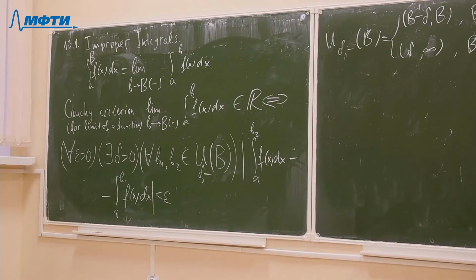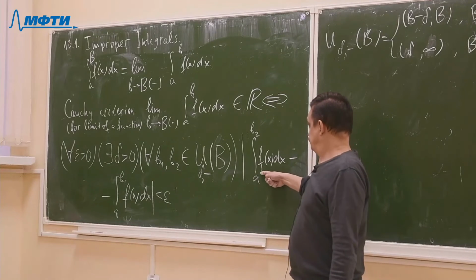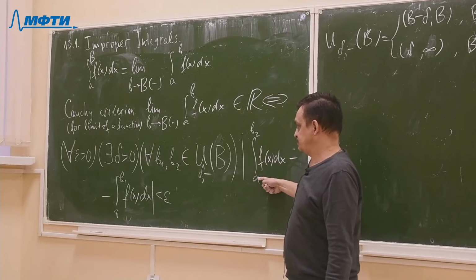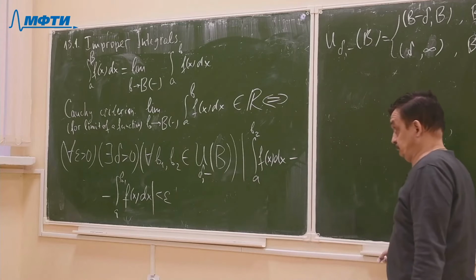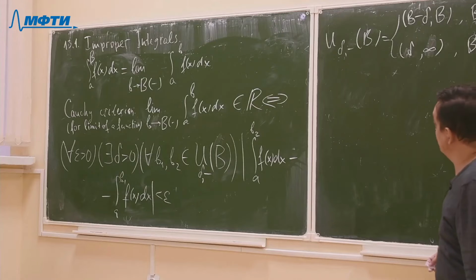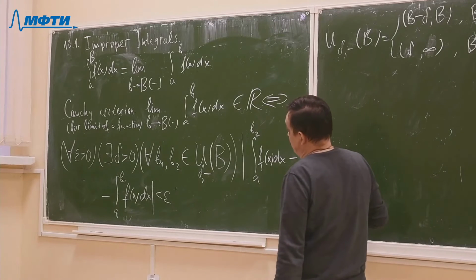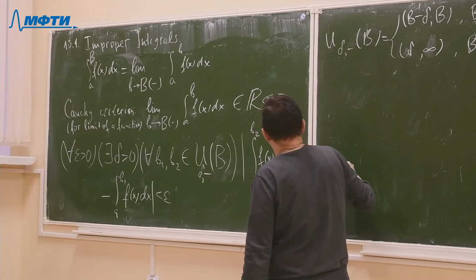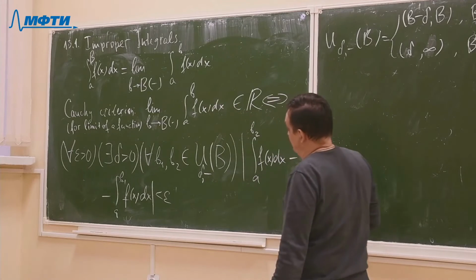Now I can use properties of integrals, and it gives two Cauchy criteria for two improper integrals.